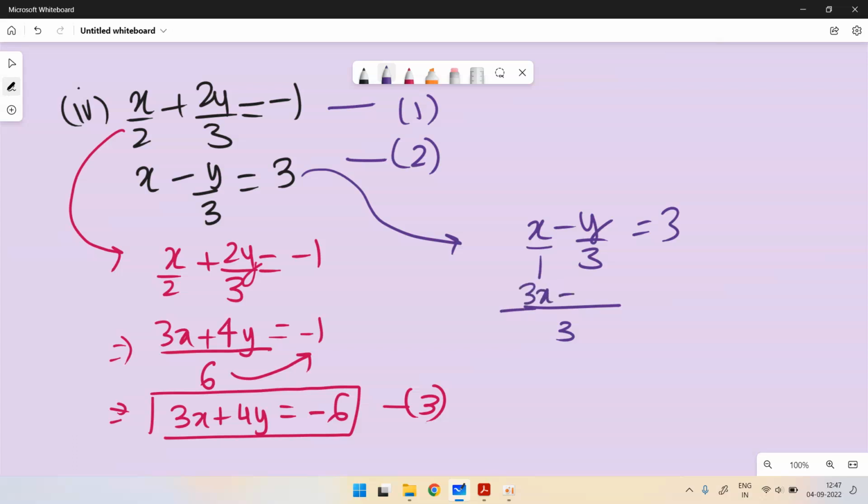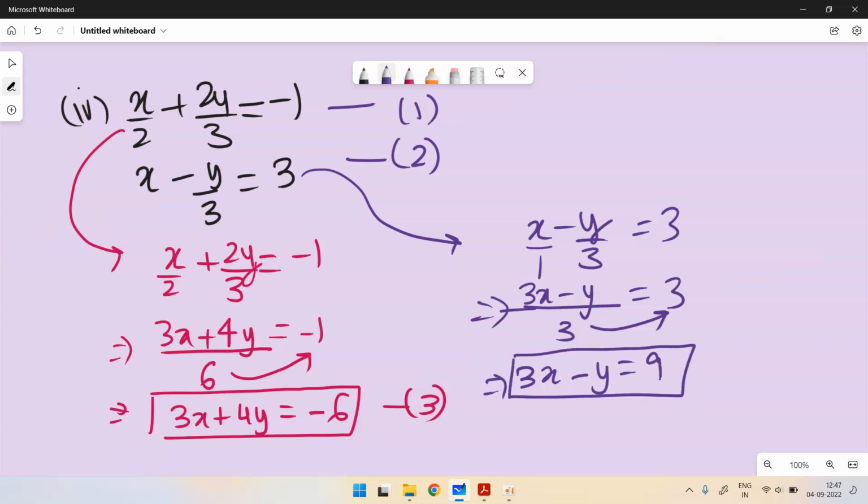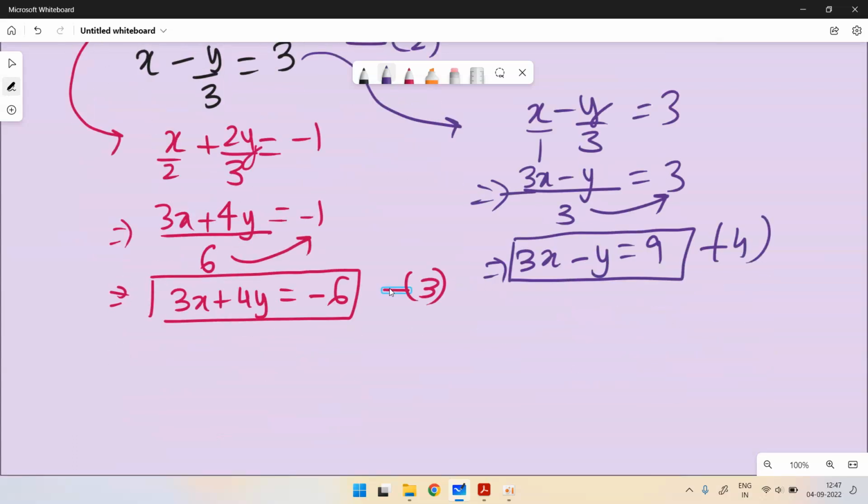So 3x minus y equal to 9, and if you bring this here, this becomes 3x minus y equal to 9. This is your fourth equation. First and third are the same, and second and fourth are the same. I am writing it without denominator so as to make it look easy.